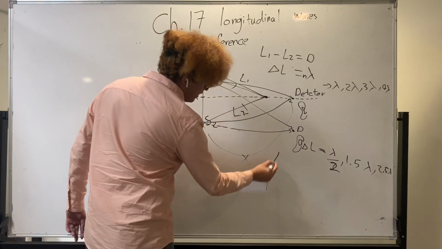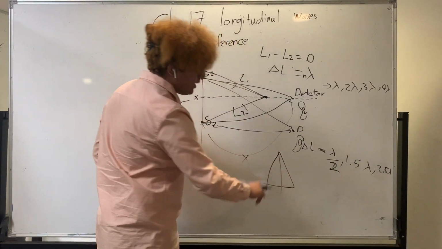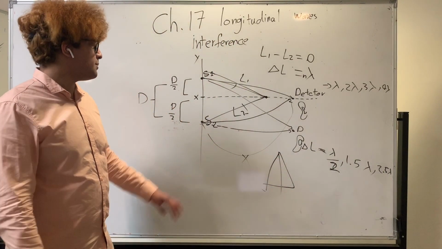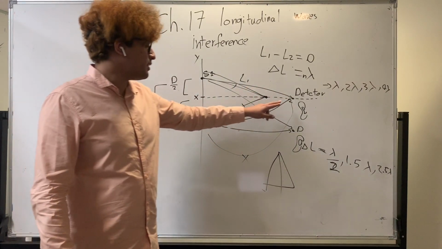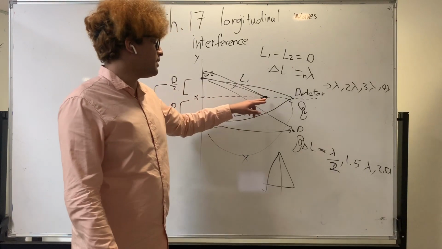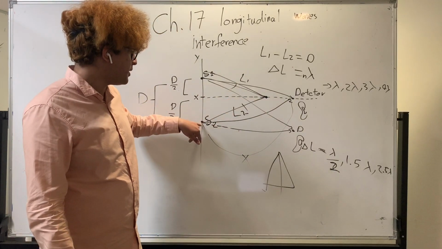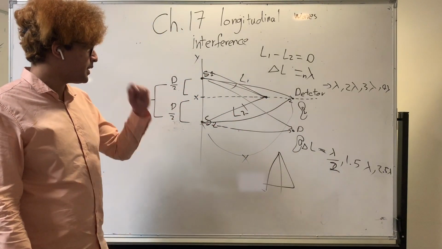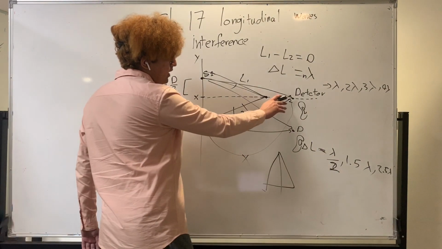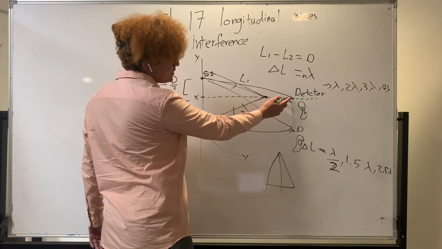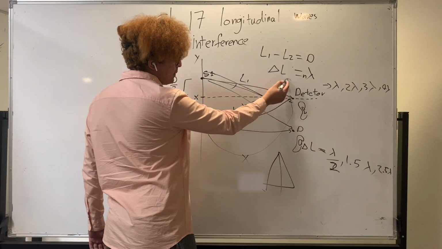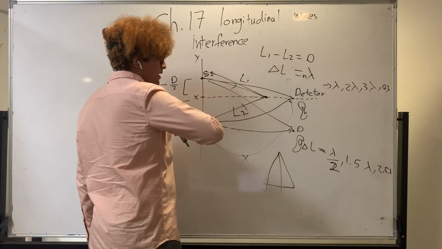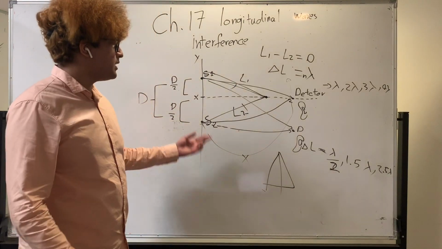This can be seen with trigonometry. I'm not going to go into the proof because you don't actually need it, but you have to understand that with this setup, any point on this line has the same distance from S1 and S2. As we move away from this point, the distance from S1 starts to increase, and if we move up, the distance from S2 will increase, and so on.